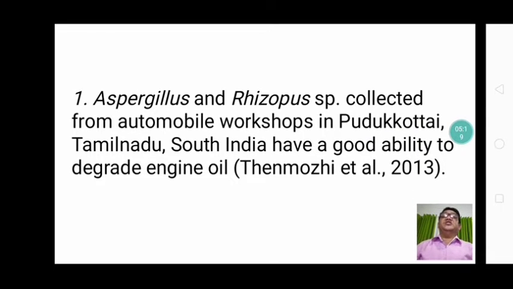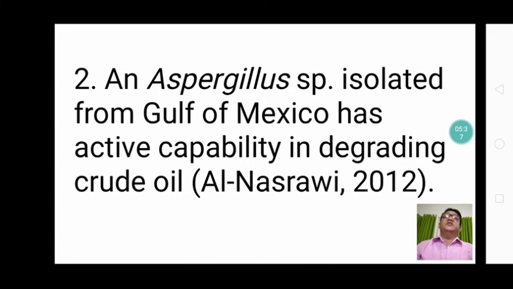Aspergillus and Rhizopus species collected from automobile workshops in Pudukkottai, Tamil Nadu, South India, have a good ability to degrade engine oil, according to Senthil Kumar et al. 2013. An Aspergillus species isolated from the Gulf of Mexico has active capability in degrading crude oil, according to Al-Nasrawi 2012.